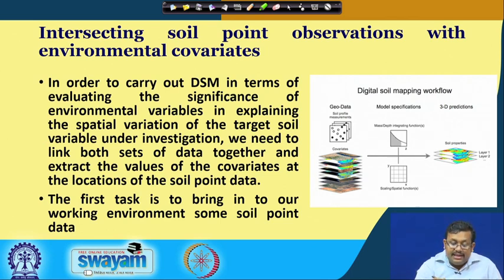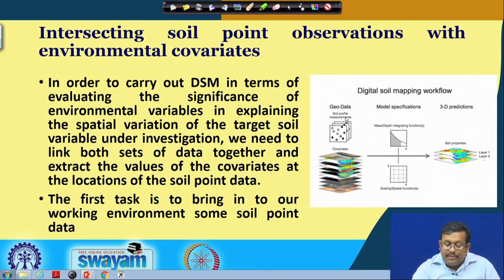As we have discussed already in the workflow of DSM, the first starting point is our legacy soil data, and remember all this legacy soil point data is associated with x and y coordinate data, because we use a GPS receiver to measure their coordinates.